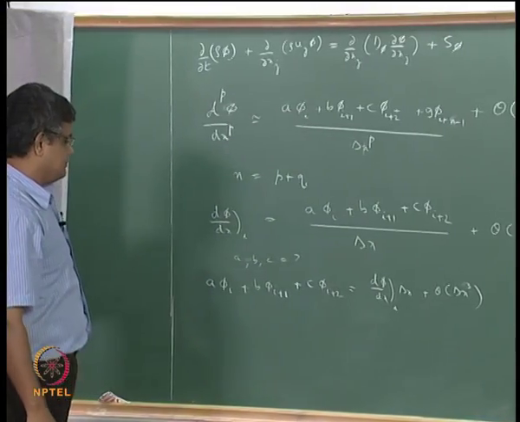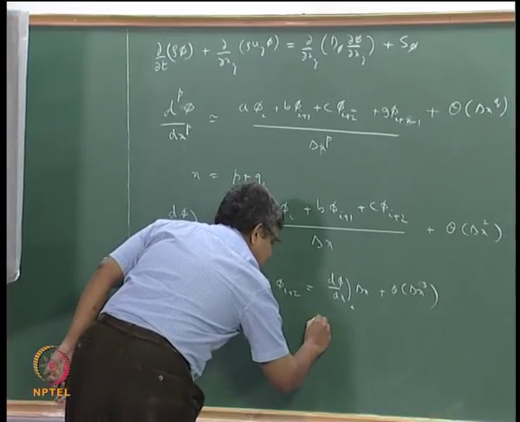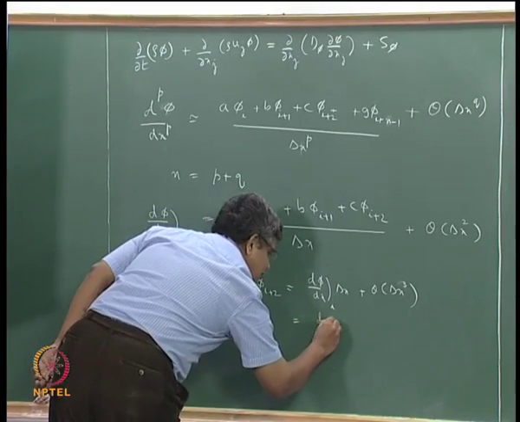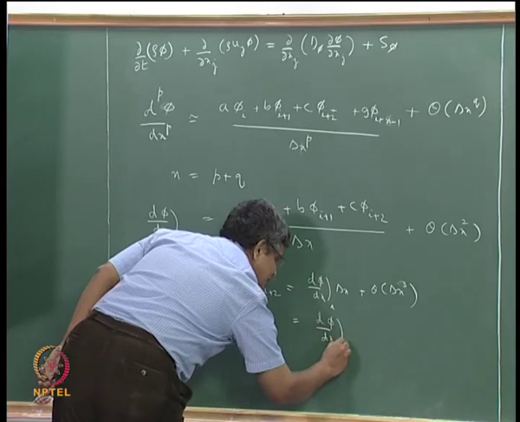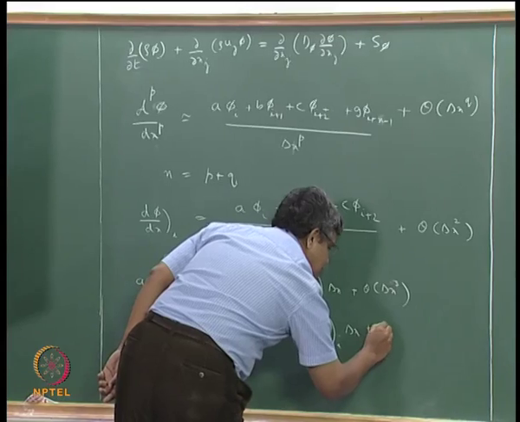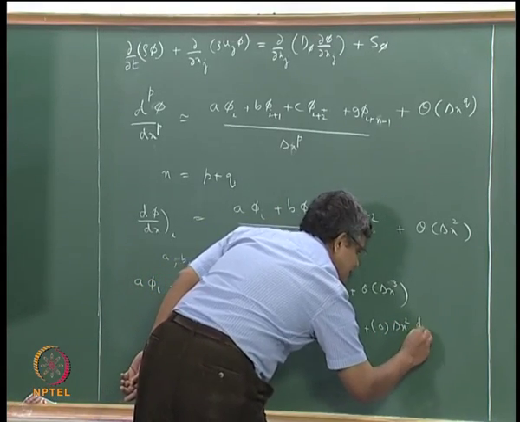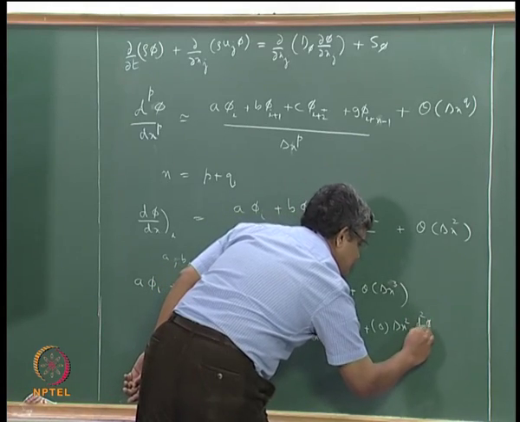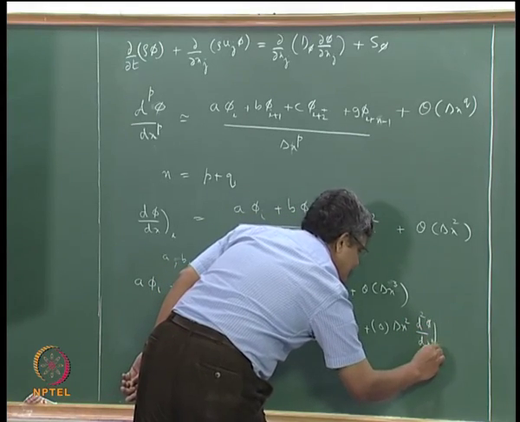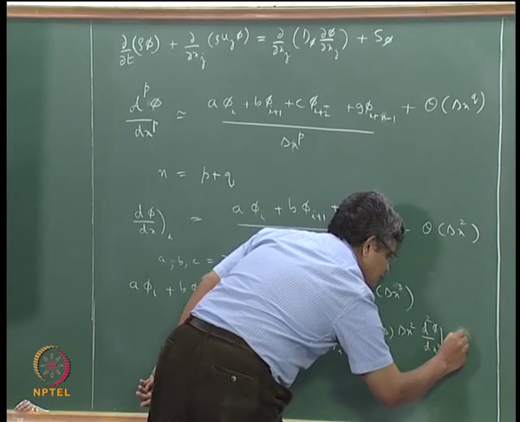So we can also write it like this: d phi by dx at I times delta x plus 0 times delta x square times d square phi by dx square at I plus terms of the order of delta x cubed.